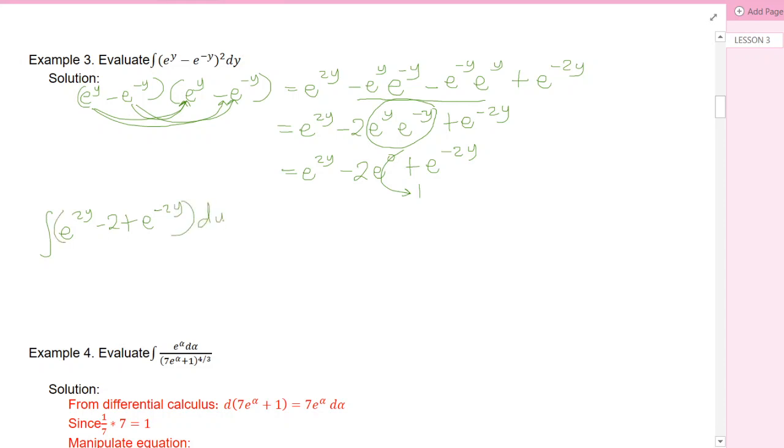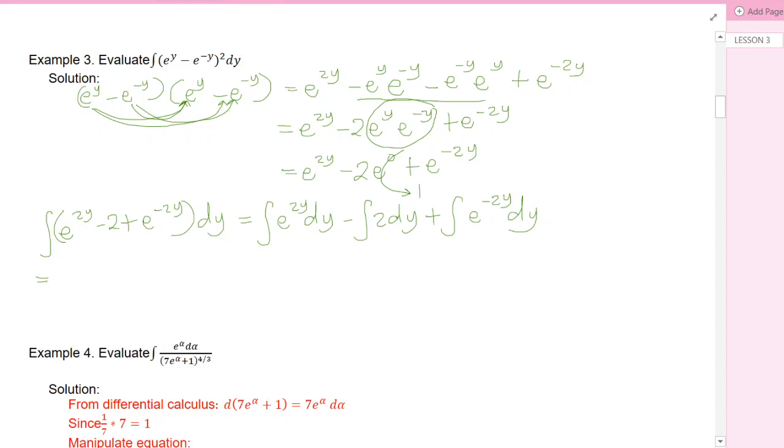Okay, getting the integral for that, that is the integral of e raised to 2y dy minus the integral of 2 dy plus the integral of e raised to negative 2y dy. And since that is raised to 2y and the differential for 2y is 2 dy, let us manipulate this one.